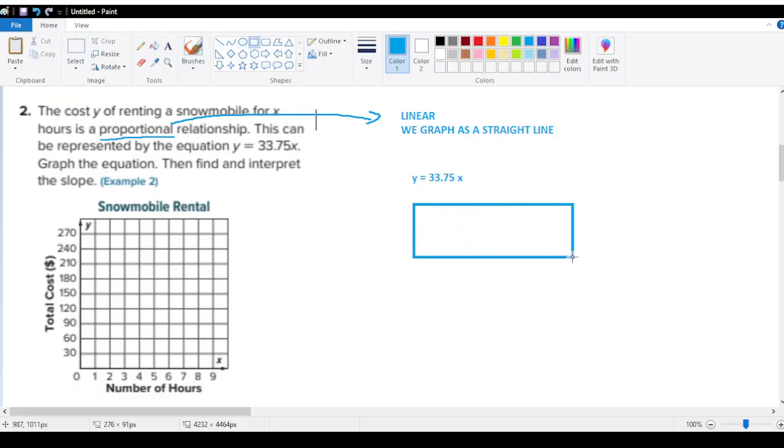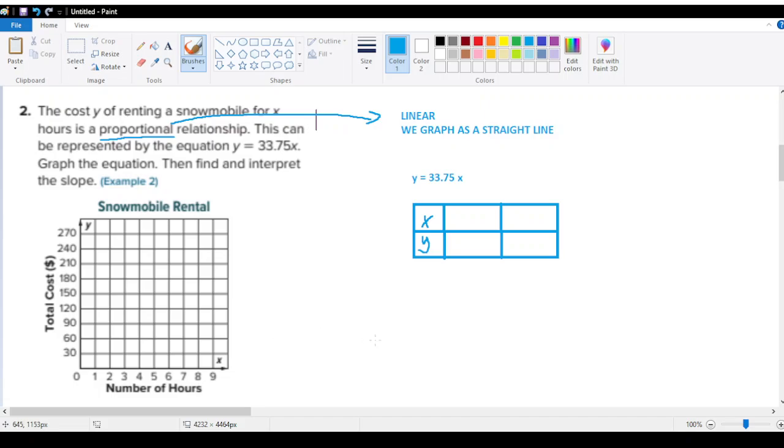Let's suppose that we have this table, and in this table we will put x and y. Now for the values of x you can choose any value, but it's better to choose small values here.